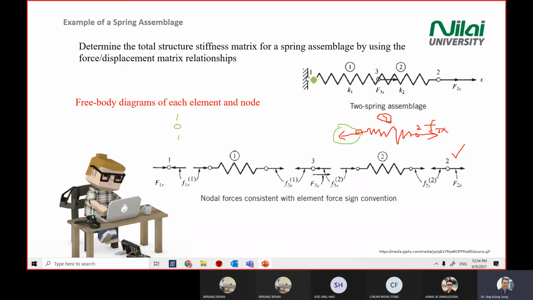If you are point 1 and you stick to the wall, you will feel that you are being pulled towards the right-hand side. So for point 1, we can draw the arrow pointing to the right-hand side. To counter this force at point 1, there must be opposite forces for point 1.